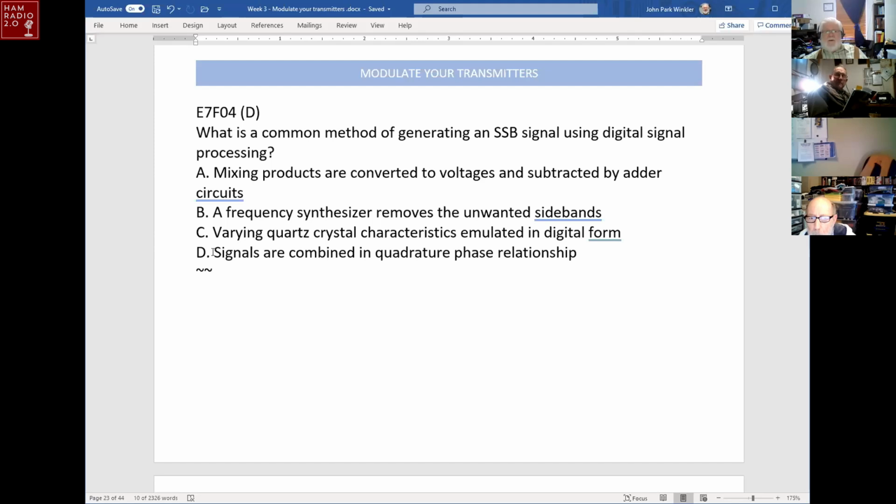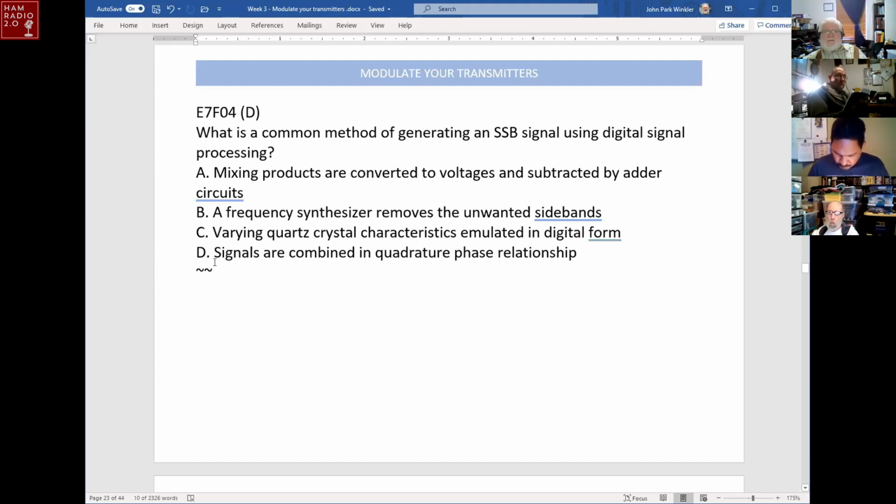And they split the carrier frequency into two signals and phase them 90 degrees apart. And then they combine those in a double balanced mixer. And the output came out as either upper sideband or lower sideband, depending on how they fed those into the mixer.